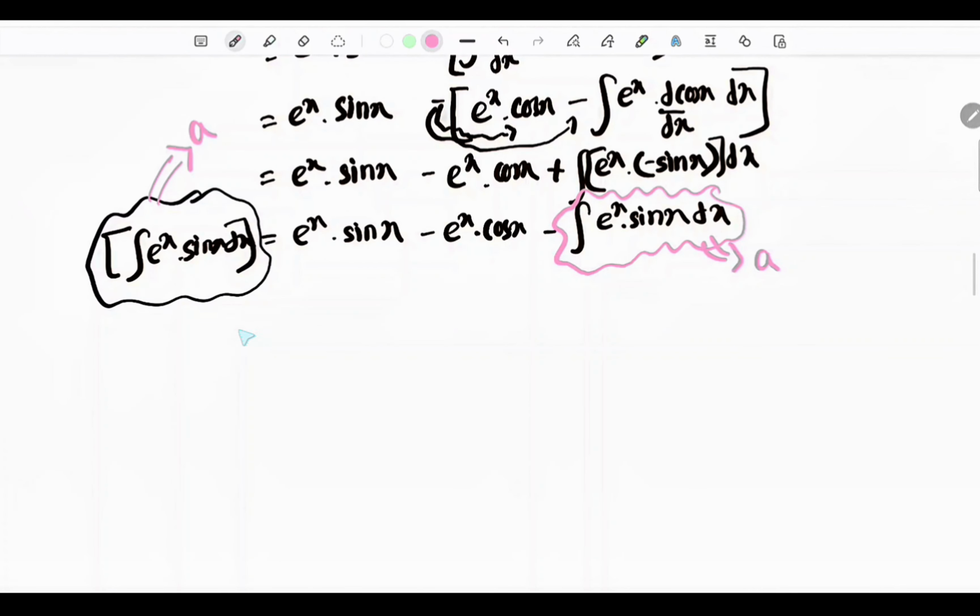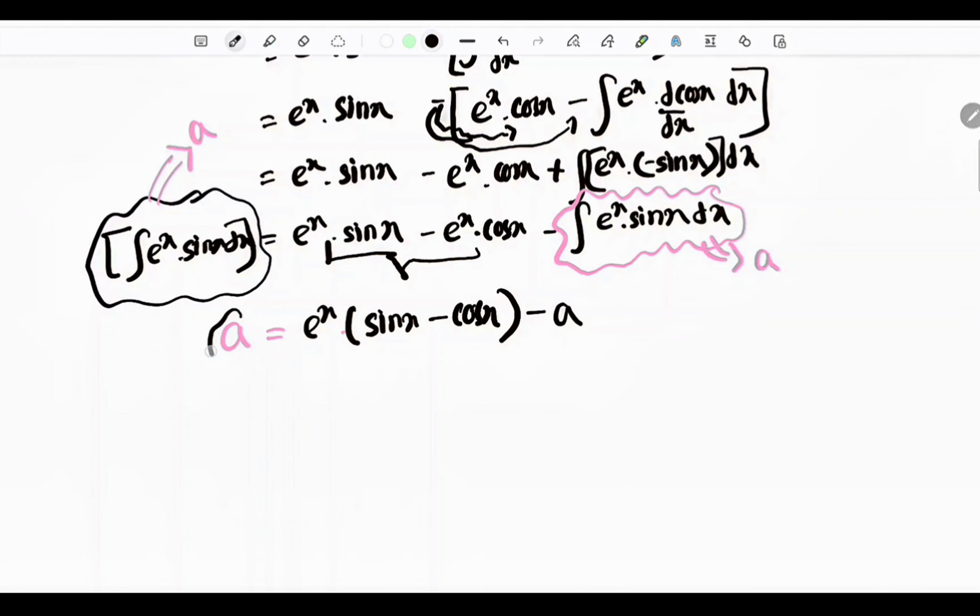So you can see at the end of this simplification, you have this expression, e^x sin x, e^x cos x. If you want, you can factorize these two, because you can take e^x out of the brackets here, and minus a. This a is not a constant.